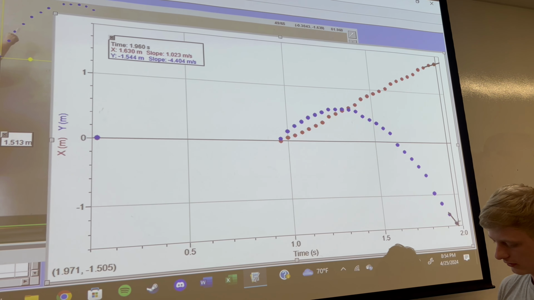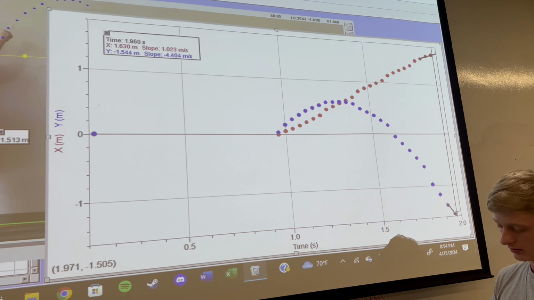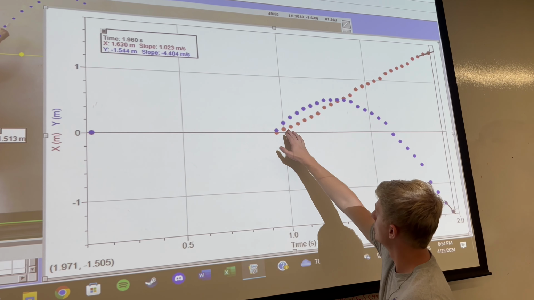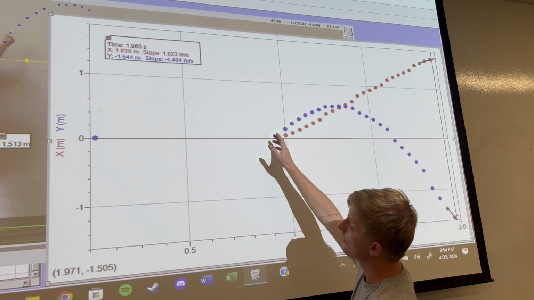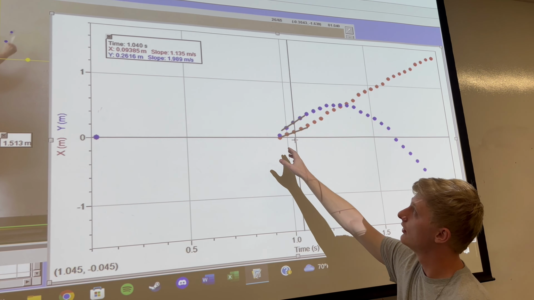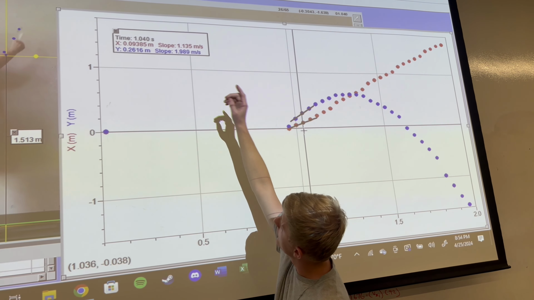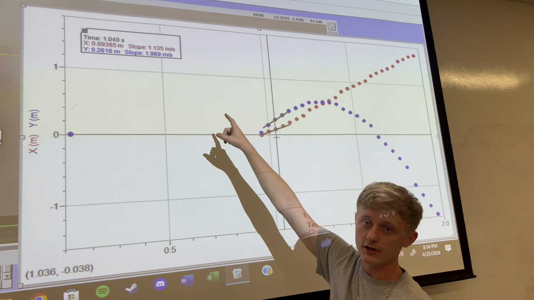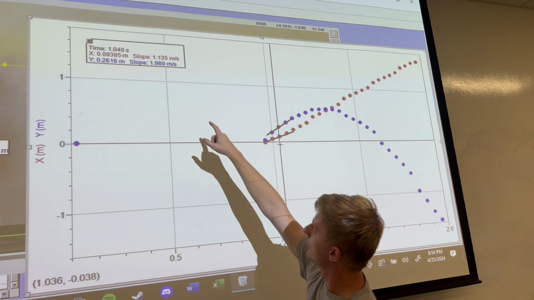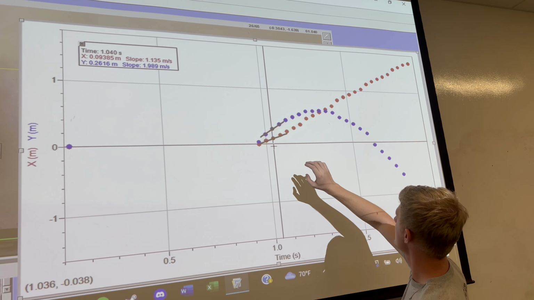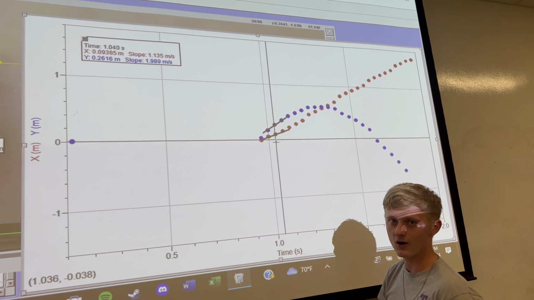And from this, we also got our initial X and Y velocities, as you can see up there. The slope was 1.13, that's the X, and the slope was 1.989, that is the Y. So those are the initial X and Y velocities.